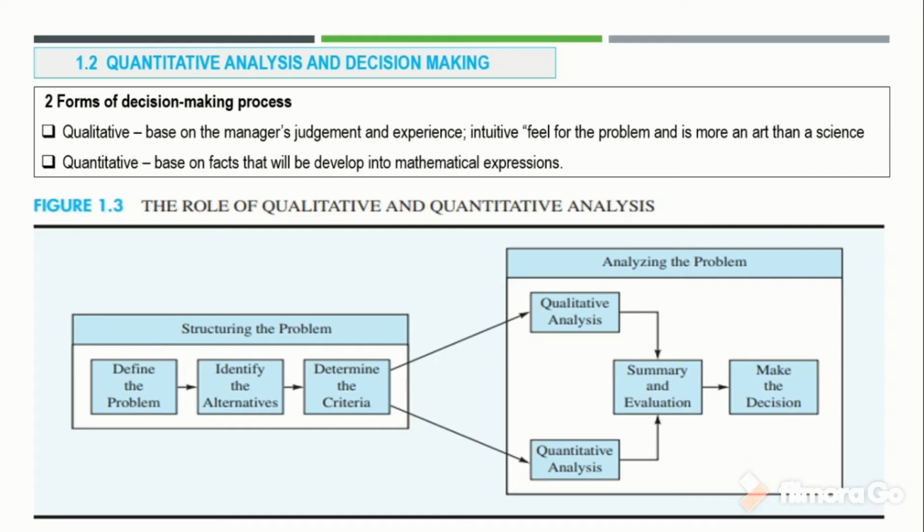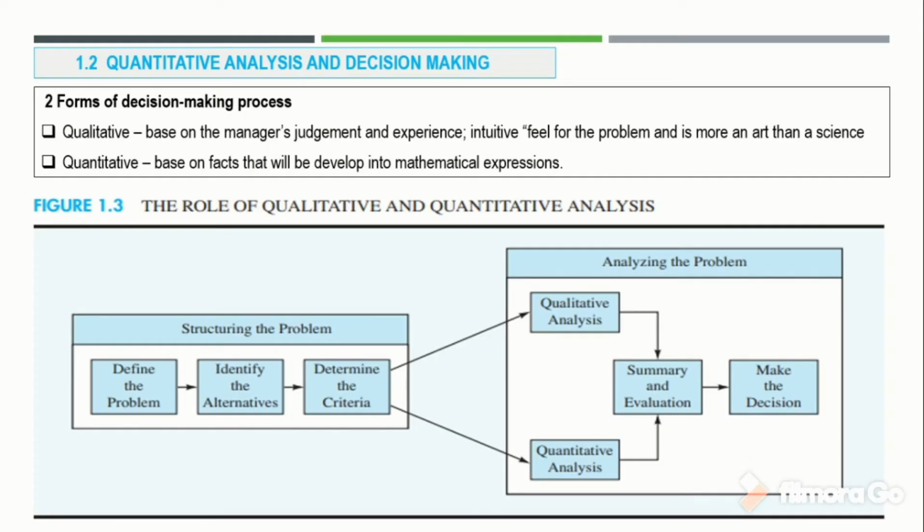So, in Figure 1.3, we can see that the analysis begins once the problem has been structured. According to the e-book, it usually takes imagination, teamwork, and considerable effort to transform a rather general problem description into a well-defined problem that can be approached via quantitative analysis.